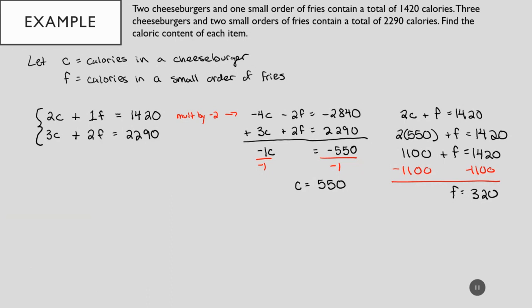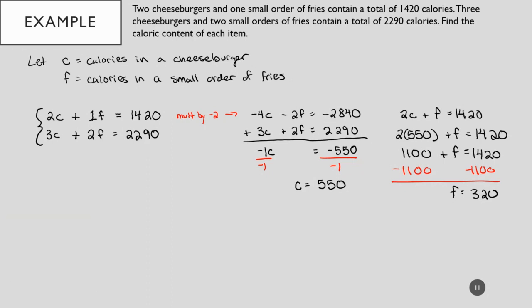Now this is a word problem, so you don't give your answer as an ordered pair, because an ordered pair doesn't really make sense in a word problem. For a word problem, you want to give your answer in a sentence, because we have words. So, and you need to be very explicit.